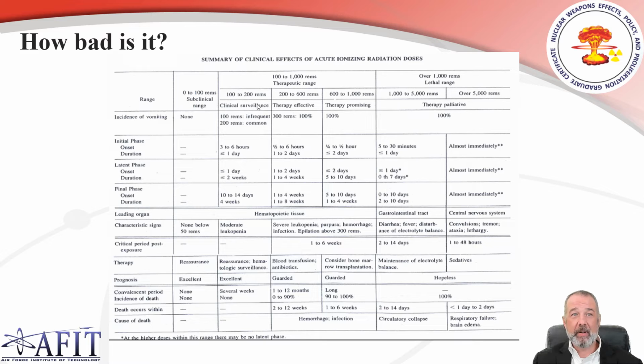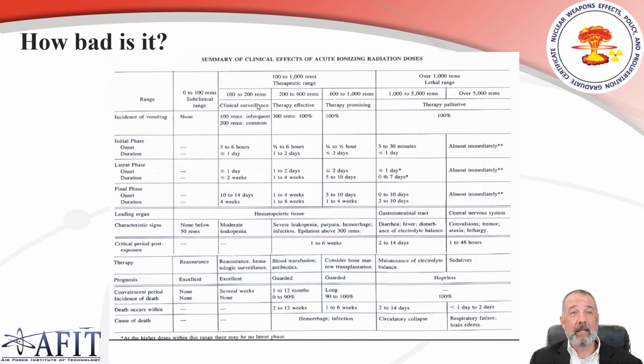Critical post-exposure period: so when do you really need to be watched? Between 2 days and 2 weeks. Maintenance of electrolytic balance, so you get to drink Gatorade. The prognosis, again, is hopeless. That means they're going to die anyway, and that's the definition of palliative care, which means it just makes them feel better while they are dying.